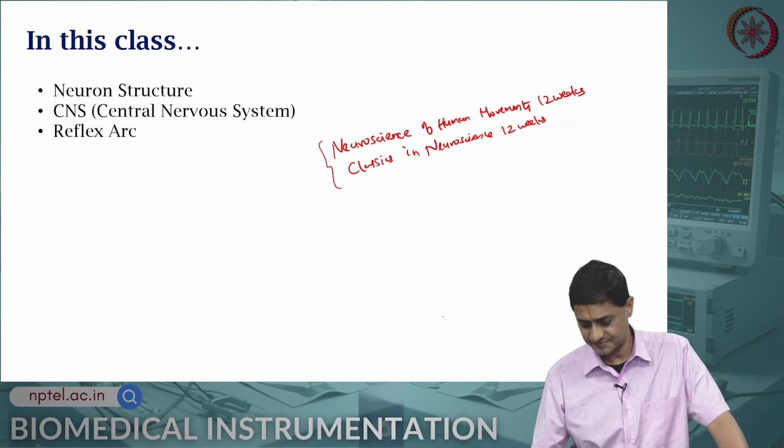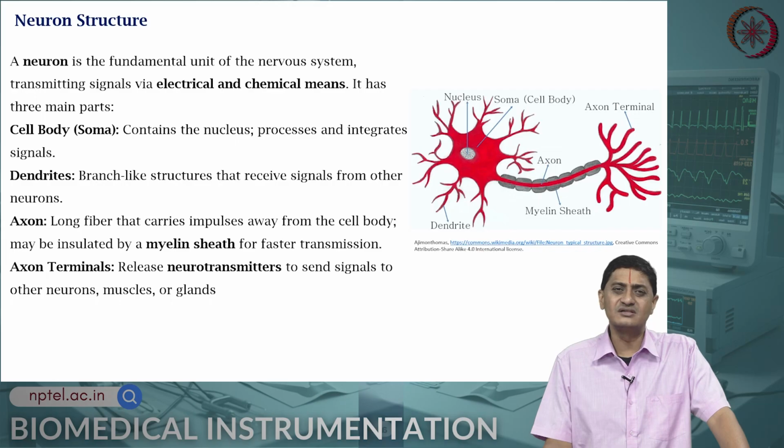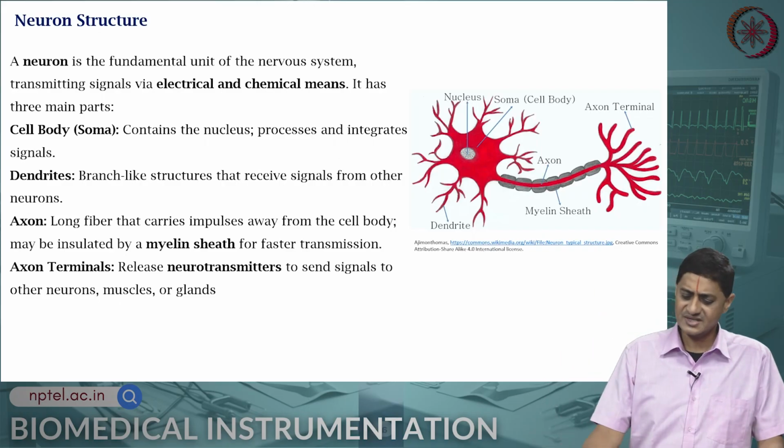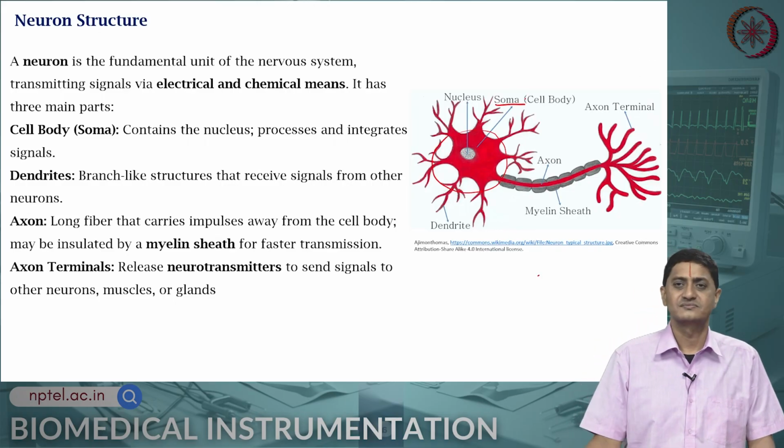instrumentation course. Okay. So, the fundamental unit of the nervous system is the neuron. This is a typical neuron that has a cell body. This is the cell body, also called the soma.